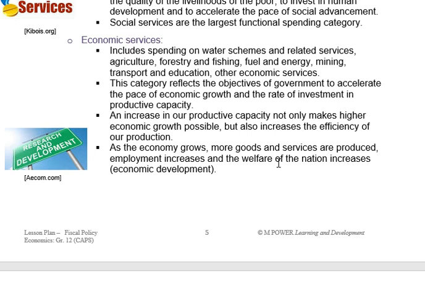In order to produce more goods and services, businesses obviously need higher employment. We need more production factors if we want to increase our production, and one of those factors is labor. So as we produce more, more people are employed and earning an income. More people earning an income means more people will be able to satisfy their needs and living standards will increase, which means economic development.